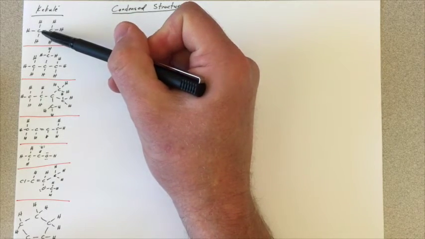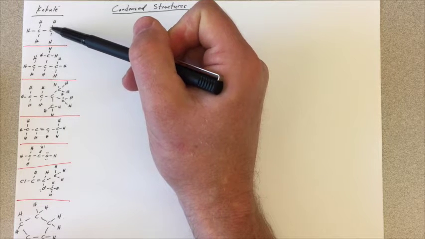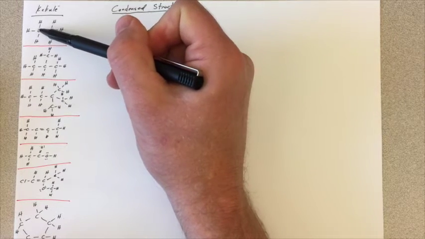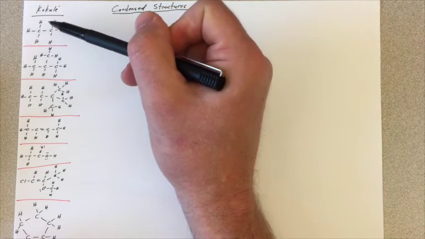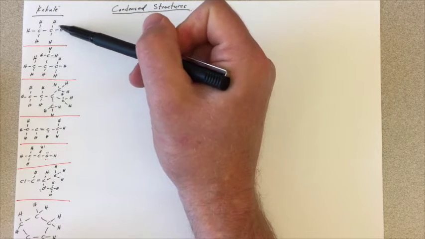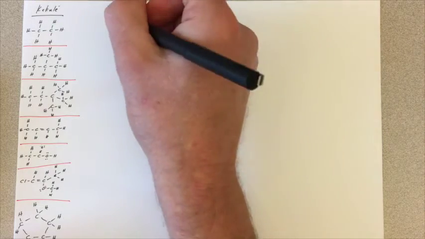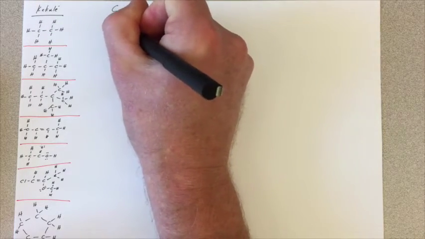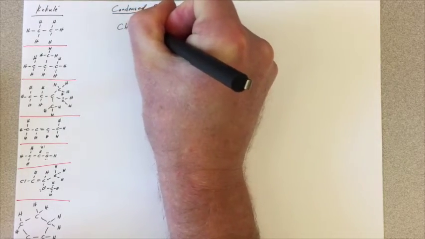So we're going to think of each carbon in this structure as possessing a unit. This carbon is going to be a CH3 unit, and so is this one, a CH3. So instead of drawing every single carbon-hydrogen bond, we can call this CH3, CH3.